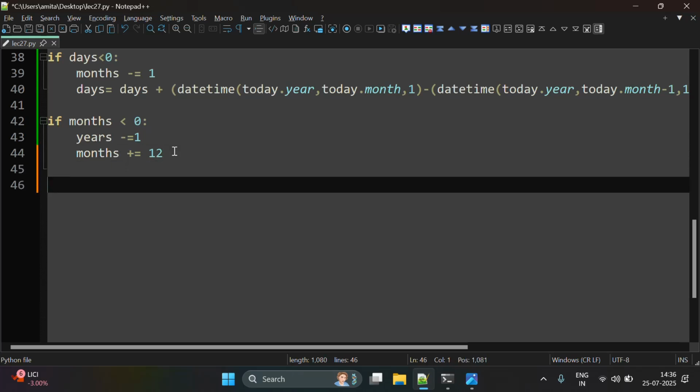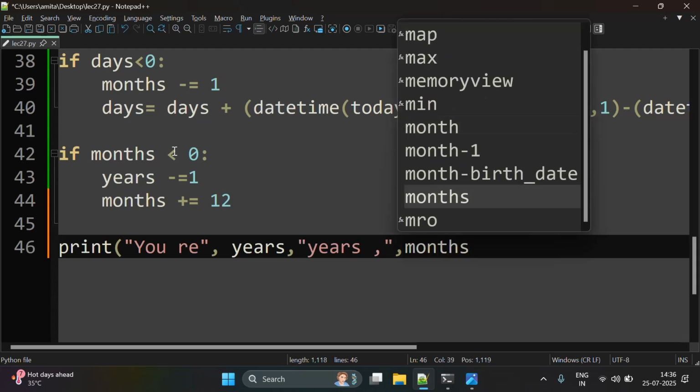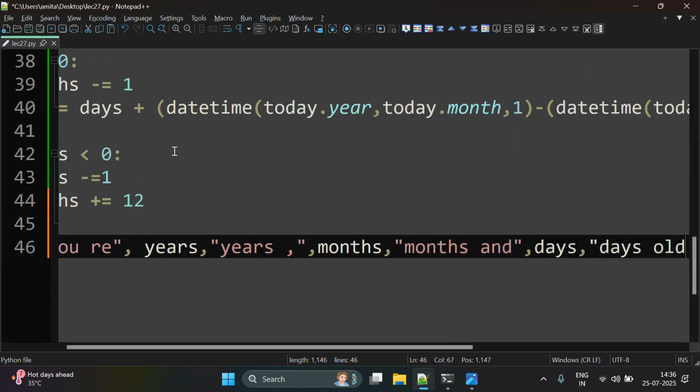Now the next thing is to print this. So print you are years and, you have to put a comma here also, and then months and days old.